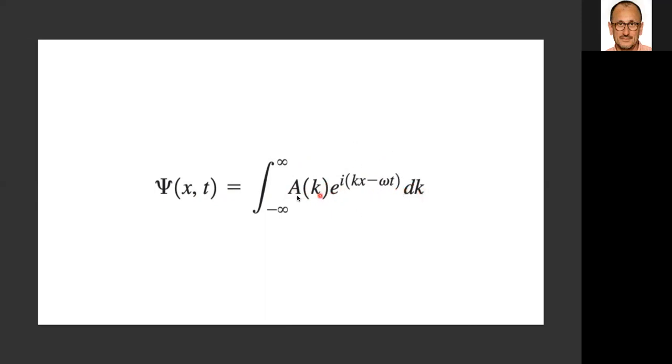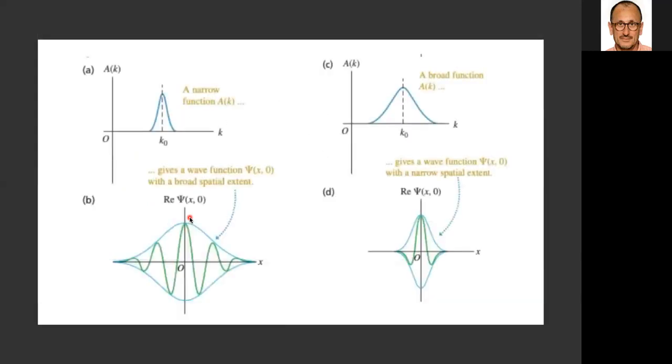What I'm really aiming at is to describe what happens if the nature of this function A of K changes as a function of K. What will happen to the probability distribution? First we have to find out what happens with phi, and then what happens with the modulus of phi squared. Okay, so this is it.